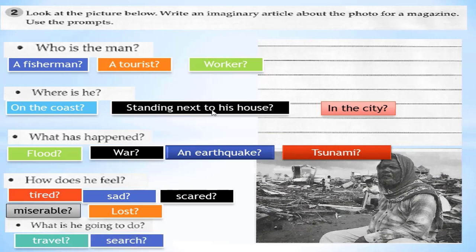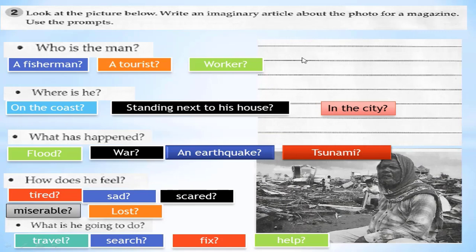Is he going to search for someone, search for food, search for organizations to help him? Is he going to fix his home, car, something like that? Is he going to help others? So write your article here in this space.